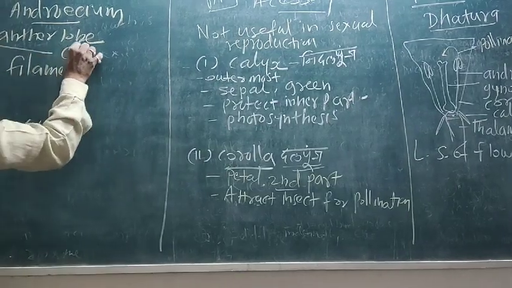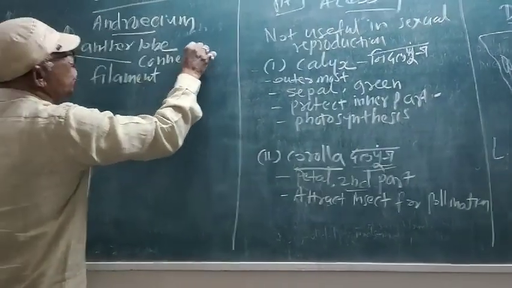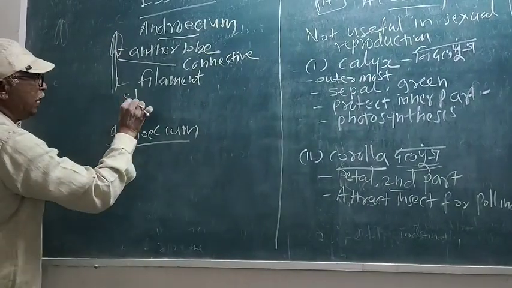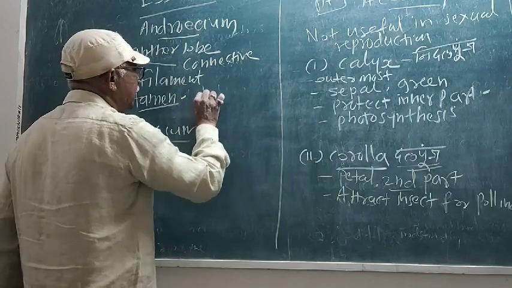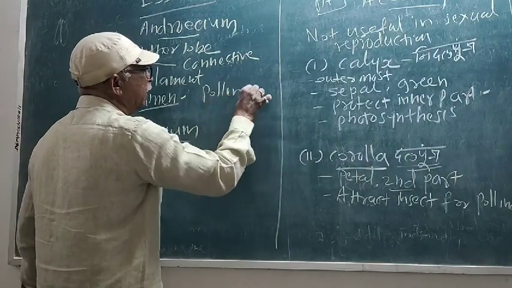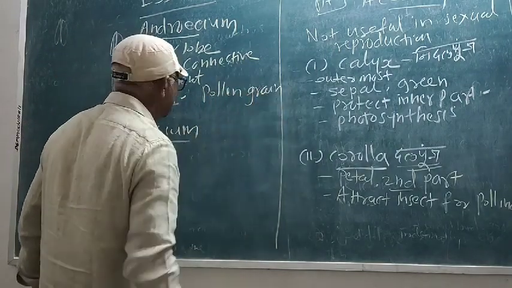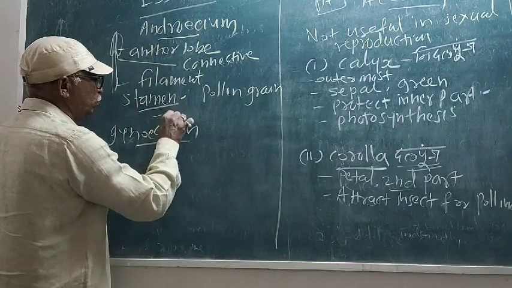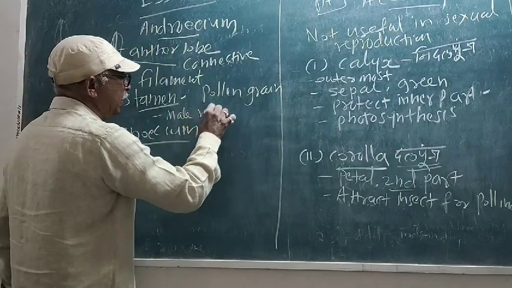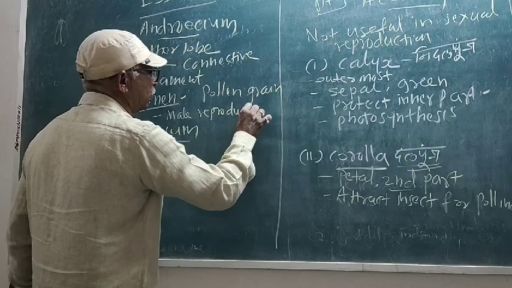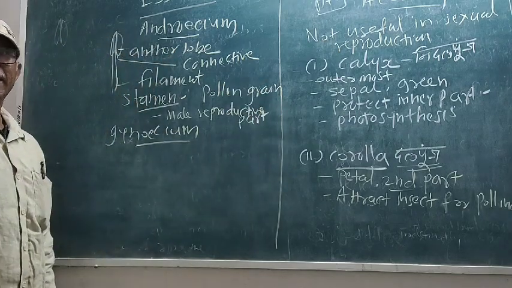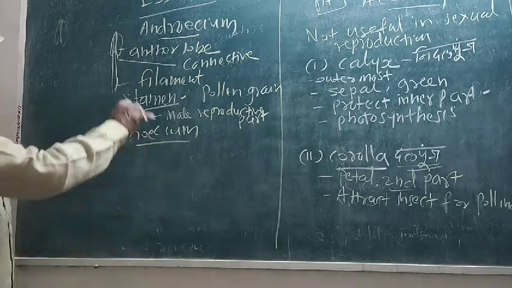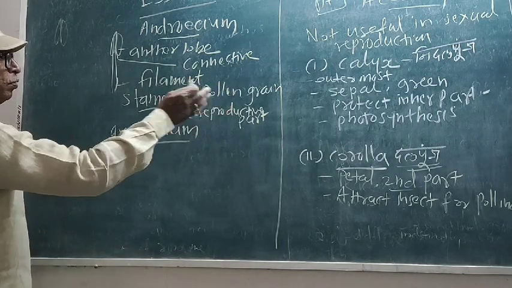This part is called the connective, and this is called the stamen. Pollen grains are formed in it, and from it the male reproductive part is formed. Now here this is the stamen, the third part from outside.